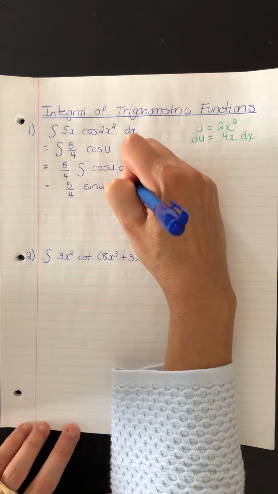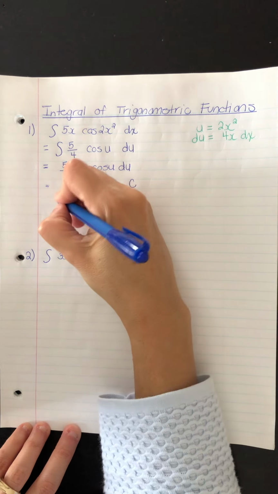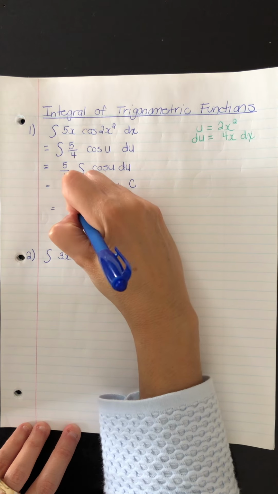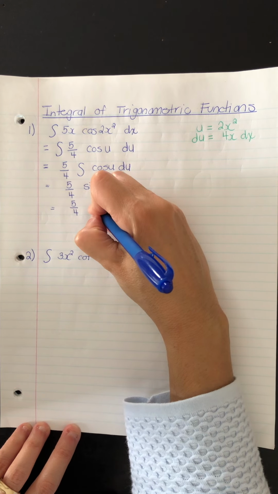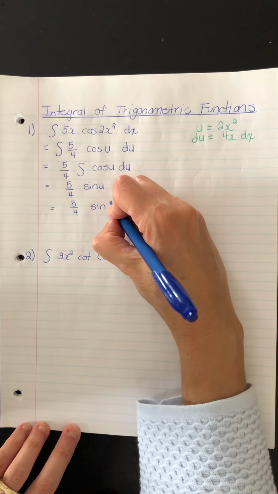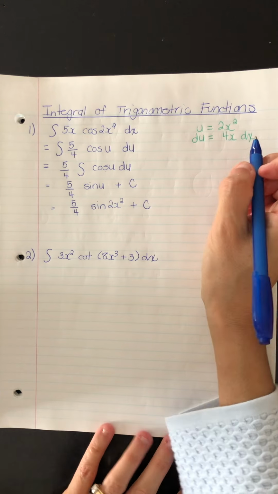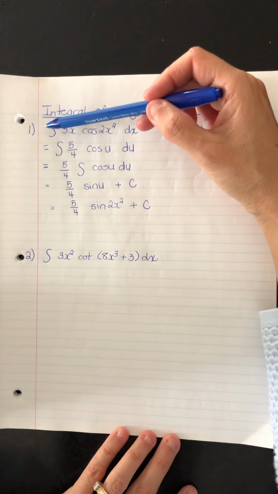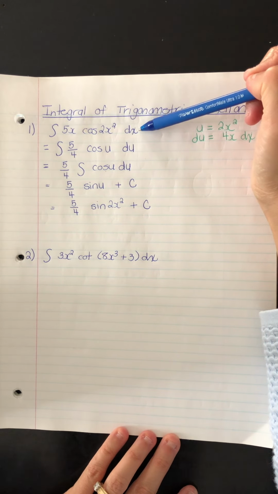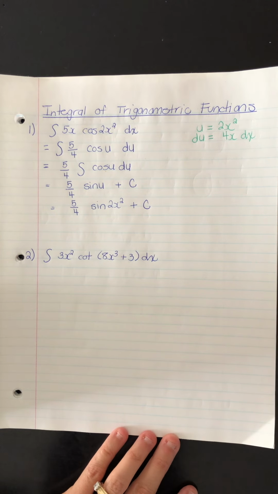And of course, there will be a constant of integration. And finally, in our final answer, we replace u with 2x squared. Okay, so we found the integral of the original function. It is 5/4 times the sine of 2x squared plus c.